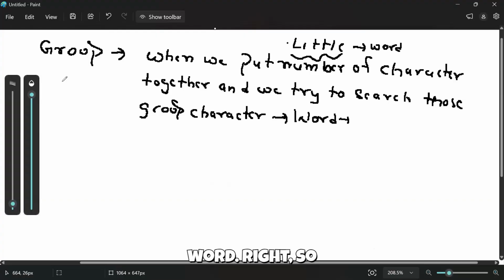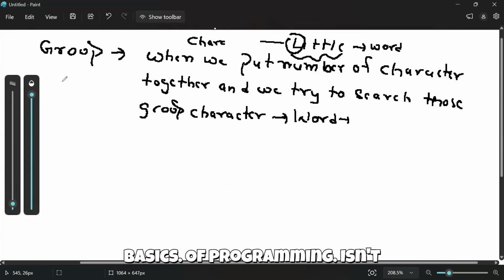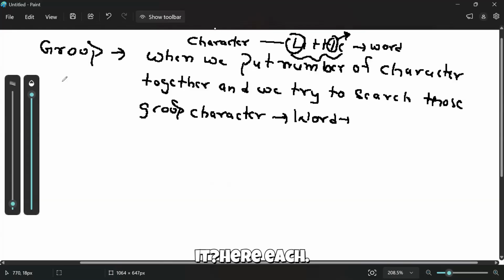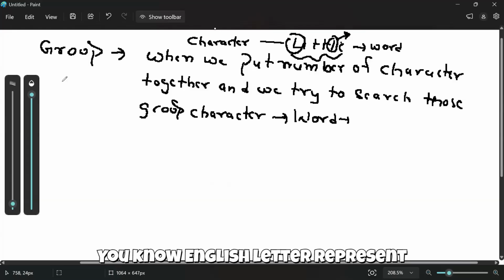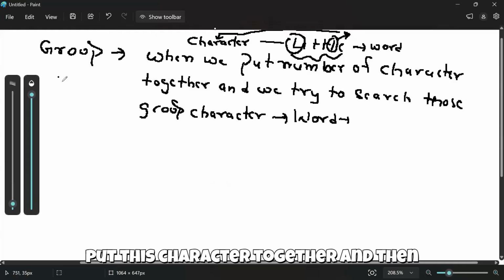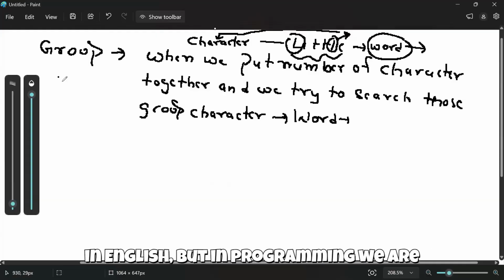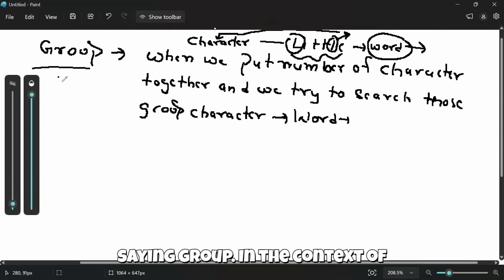Each English letter represents a character, the basics of programming. When we put these characters together they form a word in English, but in programming we say group in the context of regular expressions.